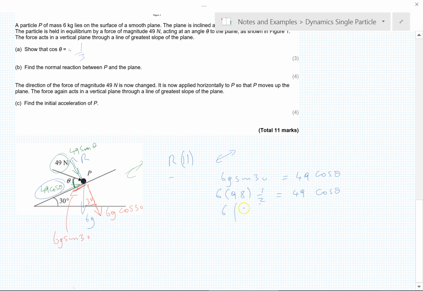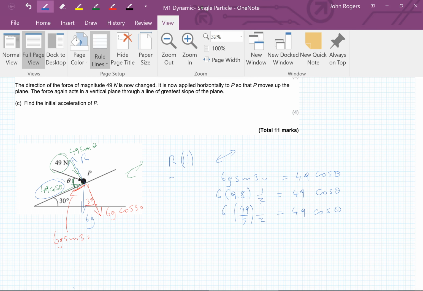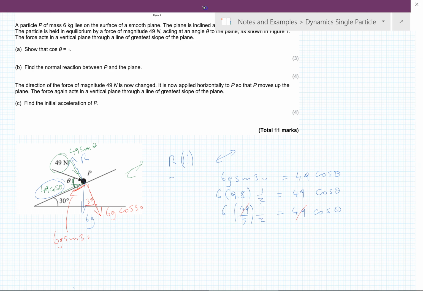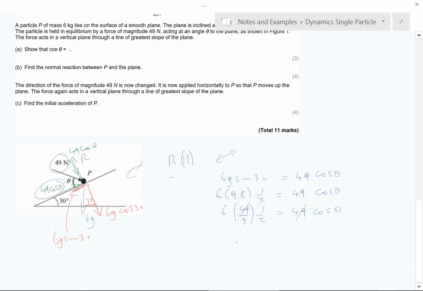So that's 58.8 over 2, which is 29.4, and that equals 49 cos theta. So the 49 cancels, and so we have cos theta equals 6 over 10, which is 3 over 5 as required.